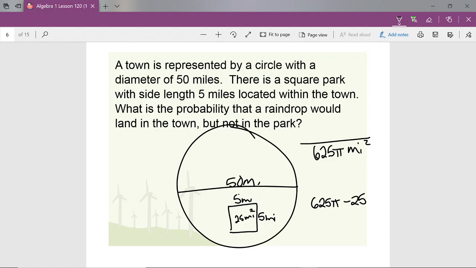So we're going to have to do a little bit of multiplication. Do 625 times 3.14. Take a second to pause the video and do that. And you will see that it's actually 1,962.5 square miles. And we're going to take 25 from that because that's the park. So the area that is not the park is 1,937.5 miles squared.